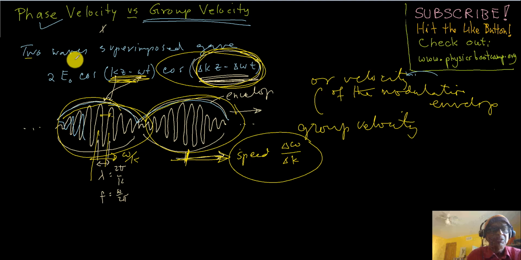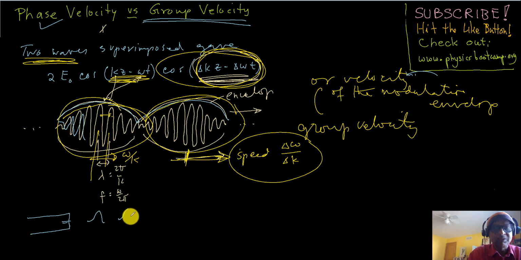Now you might say, well, you just worked out two waves. As a matter of fact, you can work out any number of waves and you will have a concept of group velocity associated with it. For instance, suppose you have a laser beam that just pulses; the speed at which this pulse moves is the group velocity.